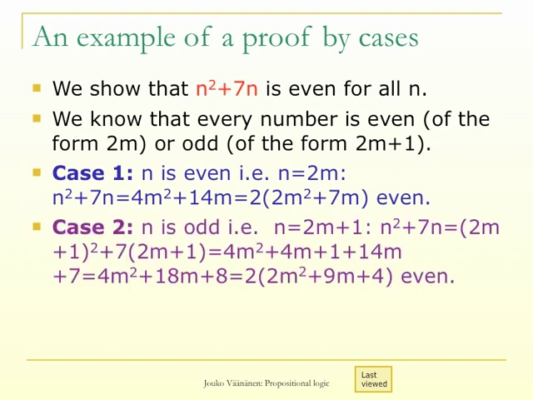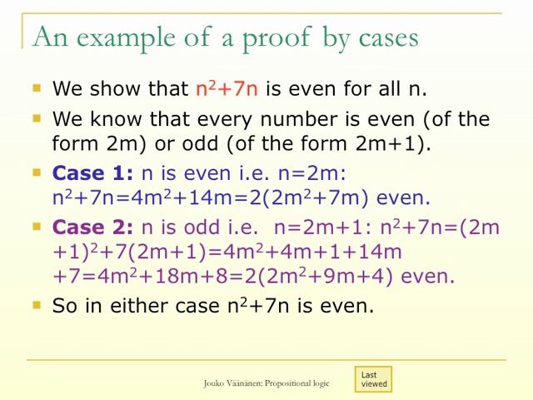Case 2. n is odd, that is n is 2m plus 1. Then n squared plus 7n equals (2m plus 1) squared plus 7 times (2m plus 1), which equals 4m squared plus 4m plus 1 plus 14m plus 7, which is 4m squared plus 18m plus 8, that is 2 times (2m squared plus 9m plus 4), and this is clearly even.